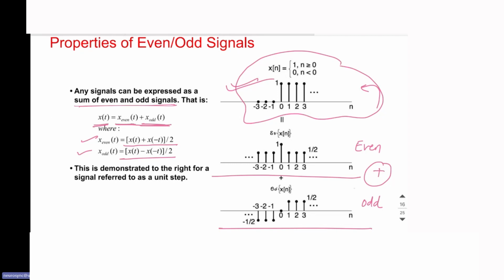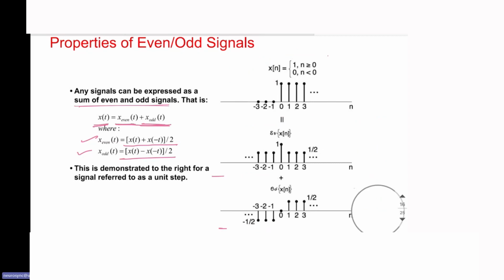It is x of t plus x of minus t, divided by 2. This is how we can get the even signal. If you apply this formula on this signal, then also you can get the even signal. Now to get the odd signal, we can apply this formula: x of t minus x of minus t, divided by 2.